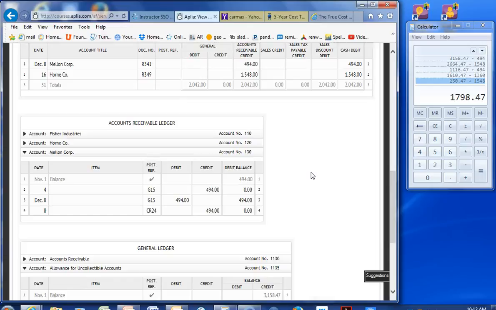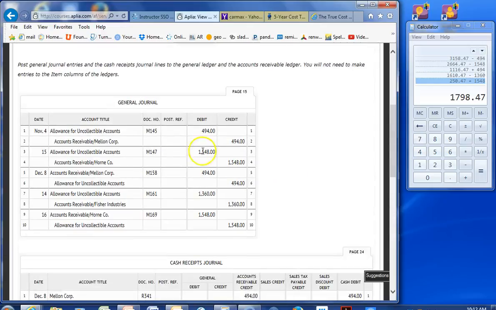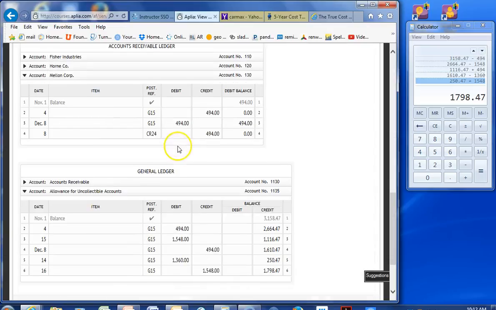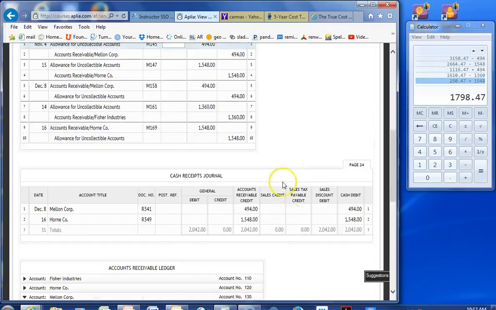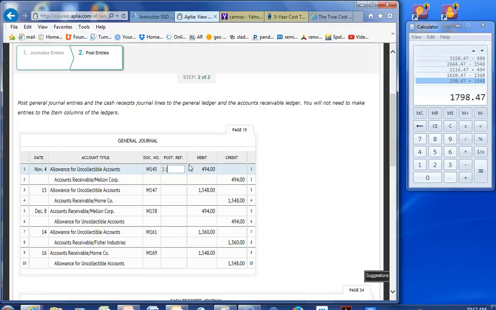Okay, that's all of our ledgers and everything, accounts. Now we have to come back up here. Allowance for uncollectible, 1135. That goes there, there, there. It also goes here and here.